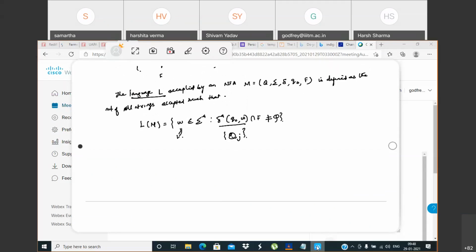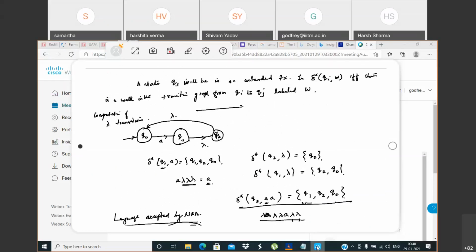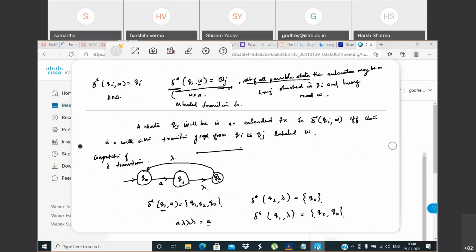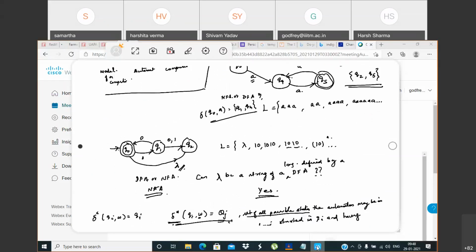Now let's look at this particular example. In this example, what's going to happen if we present it with a string W equal to 110, right?